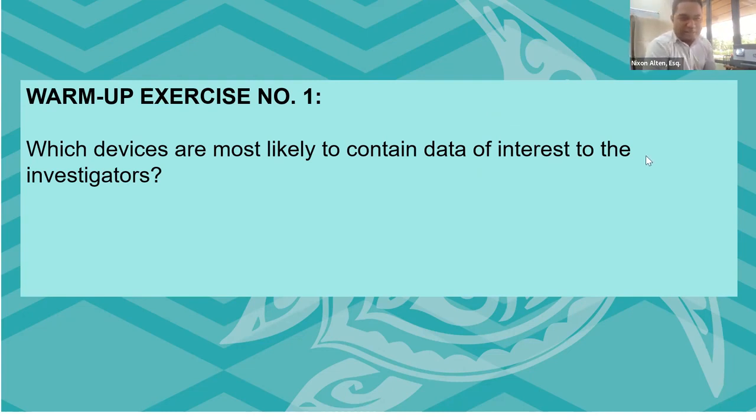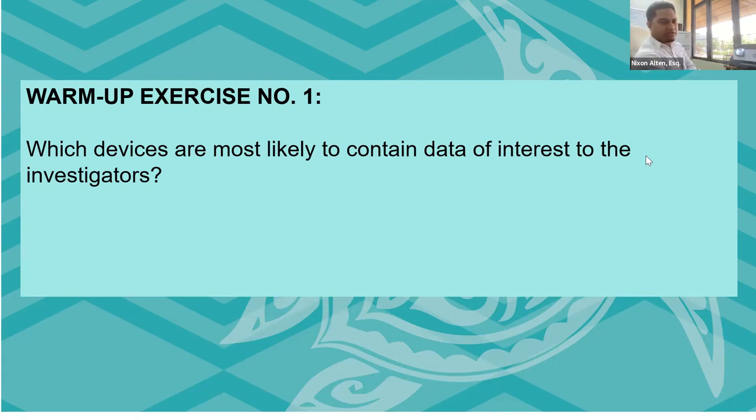But anyways, seeing this question, I quickly think of two main devices. The cell phone, that Kai's cell phone, which Bob installed the hacking software on, and the computer at the library, which will also include the desktop, the CPU.